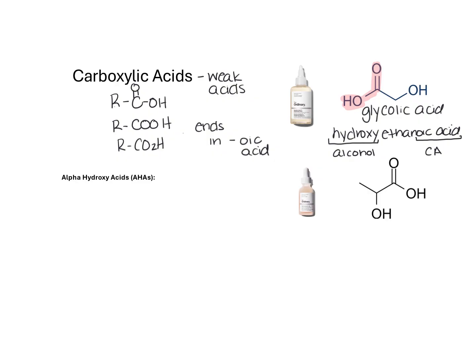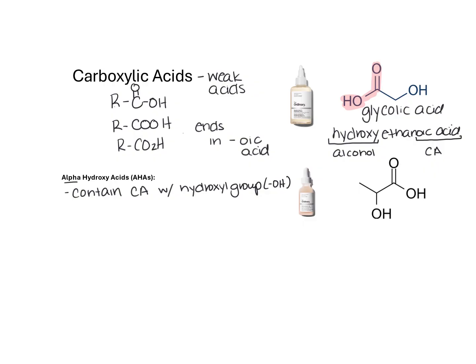Now, glycolic acid is something called an alpha hydroxy acid. Alpha hydroxy acids are a really well-known group of carboxylic acids that also contain a hydroxyl group, which is that alcohol functional group.